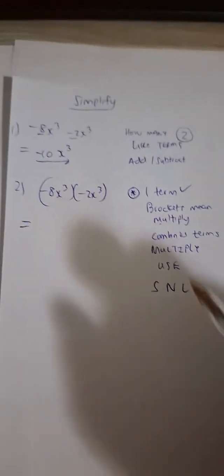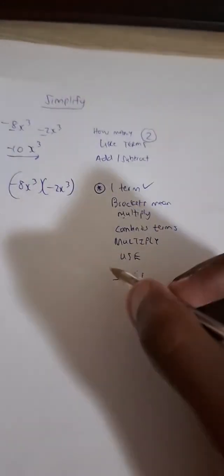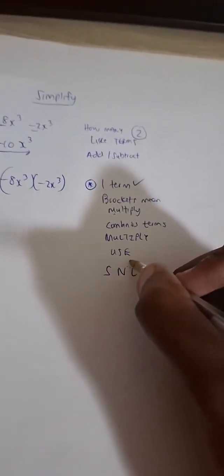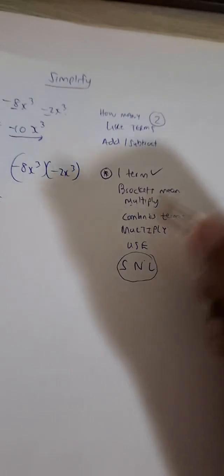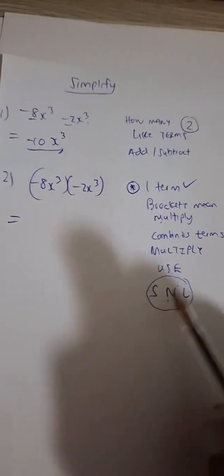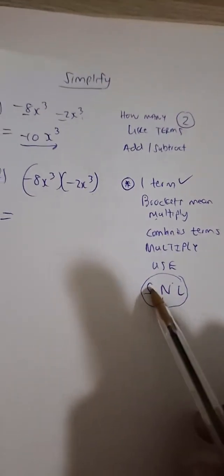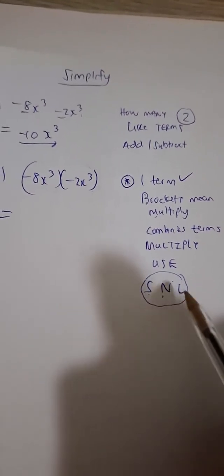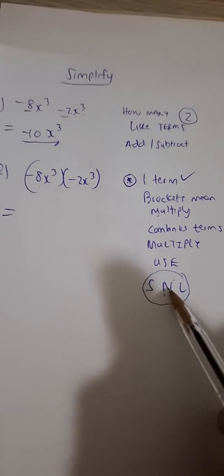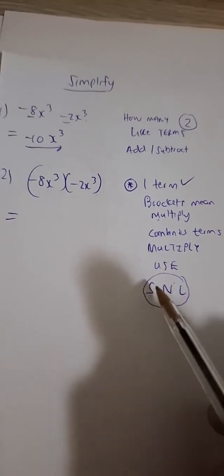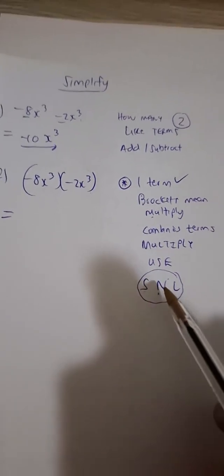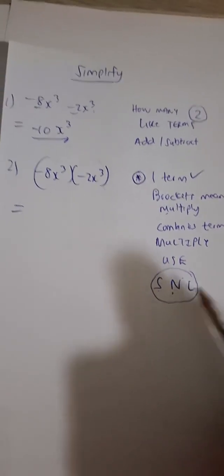SNL. We have elevated the status of these three letters, not to mean what it means on the television screen when we are watching a movie that we shouldn't. We've elevated the S, the N and the L to mean sign, number, letter. When we multiply, we multiply the signs, we multiply the numbers, we multiply the letters, in that order.